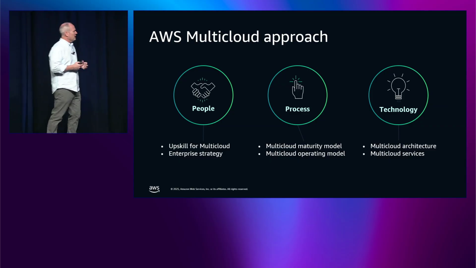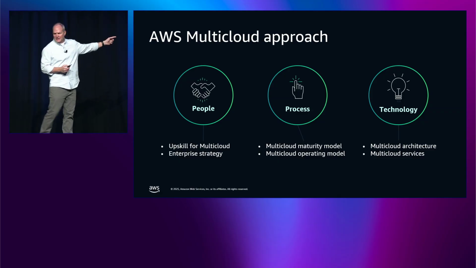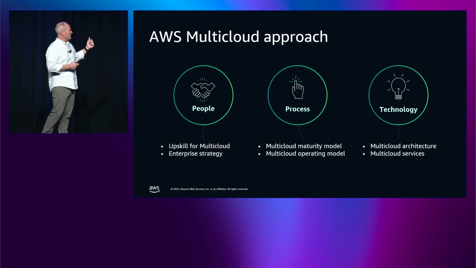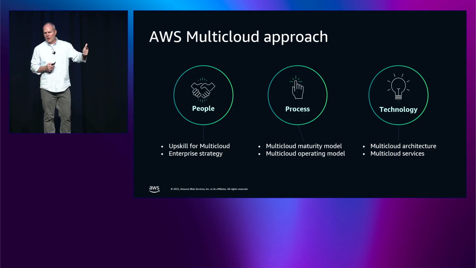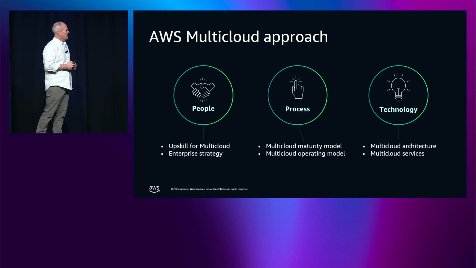When we look at people, one of the areas where our customers are struggling is the multi-cloud skill gap. From a people standpoint, it's important to upskill our employees and augment them where we can with agentic AI and AI assistance. And then also when we look at the process, right?